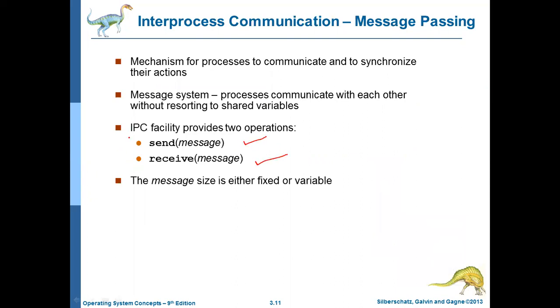Via these two operations, IPC between the processes is enabled, and the size of the message can be anything. It depends upon the system and the application which is using the messages. Therefore, the size of the message can either be fixed or variable.